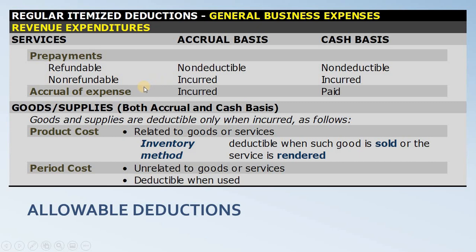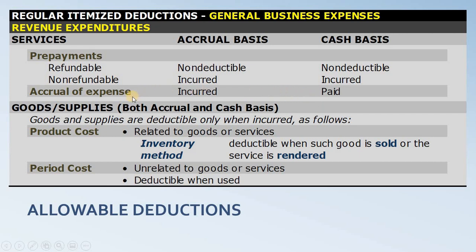However, for accrual of expense, there are differences in the treatment of services. Under accrual, these expenses are deductible only when incurred. However, under cash basis, accrual of expense is not allowed, again, because under cash basis, expenses are based on cash payment. So we need to wait until the payment date before these expenses can be deducted from gross income.